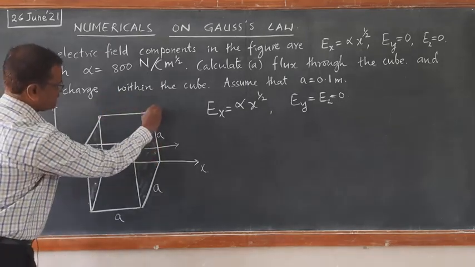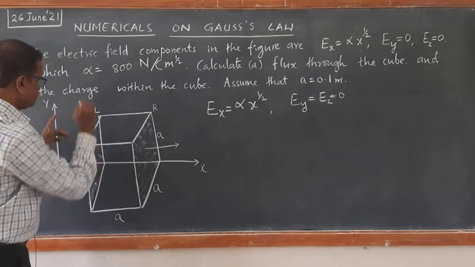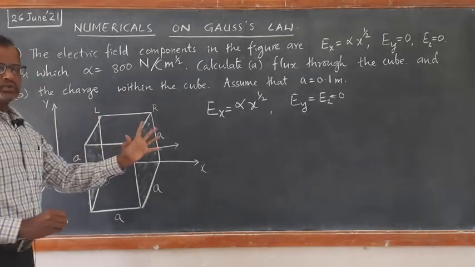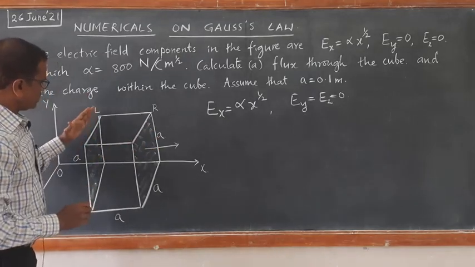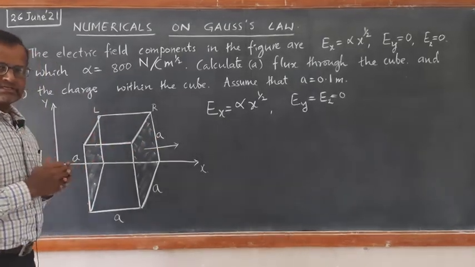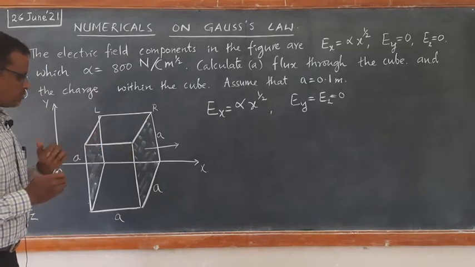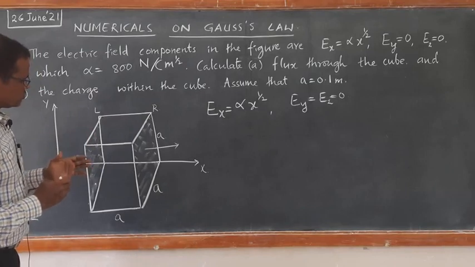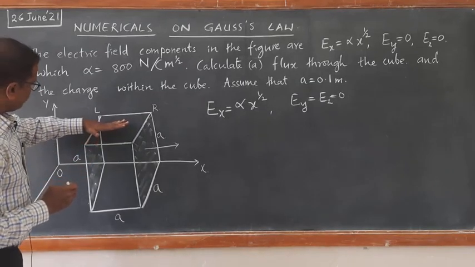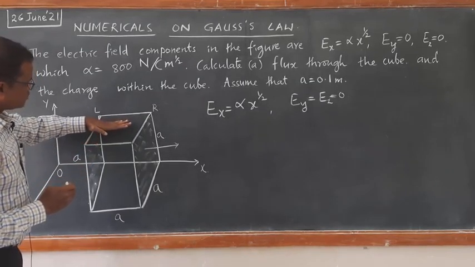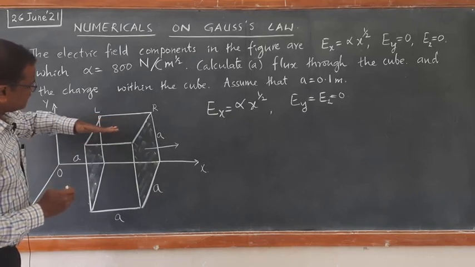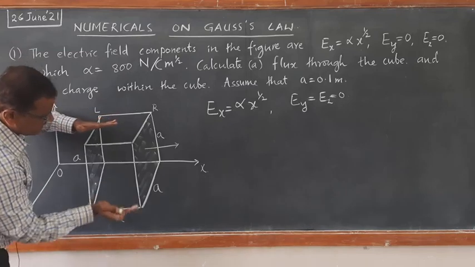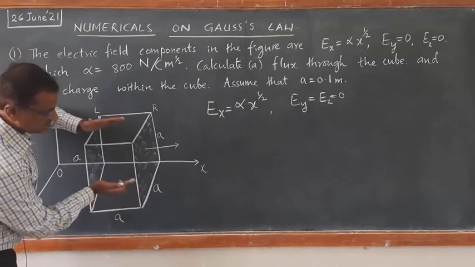This is the right side yz plane and this is the left side yz plane. The flux is penetrating through only the left and right faces, which are yz planes perpendicular to the x-axis, whereas there is no flux linking with the xz planes. This is the xz plane, there is no flux linking with it.